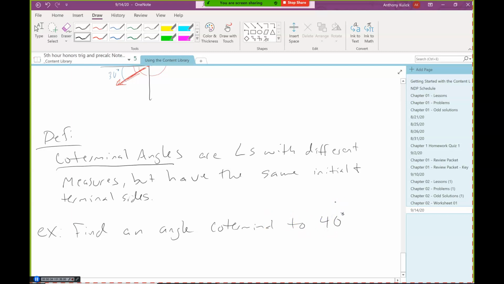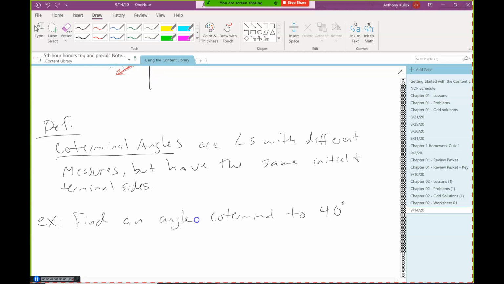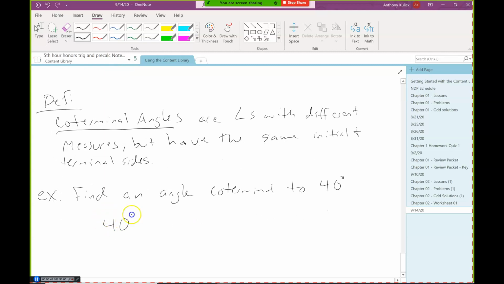So what if I want an angle that's coterminal to 40 degrees? How would I find that? Teresa? So 360 degrees is going to spin that around one full rotation, and you're back exactly where you started, right? Okay.